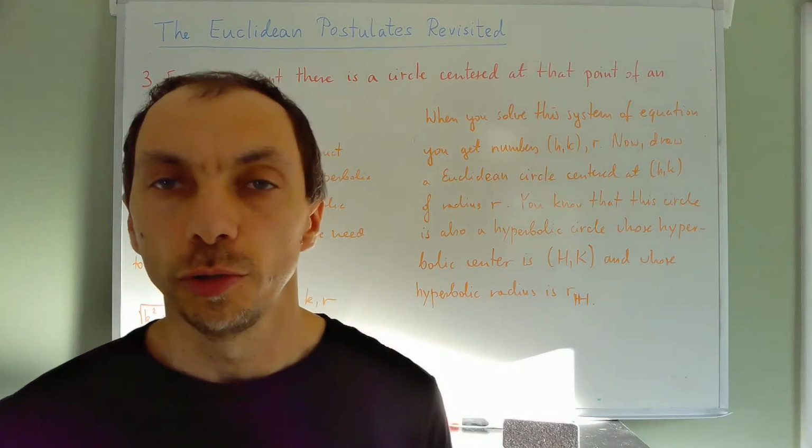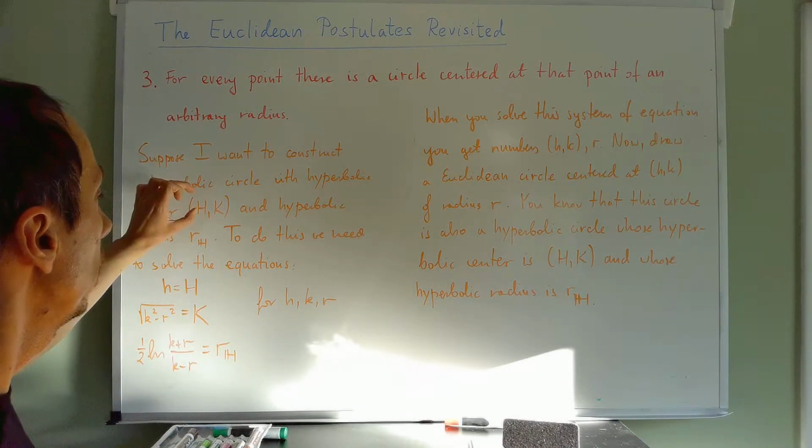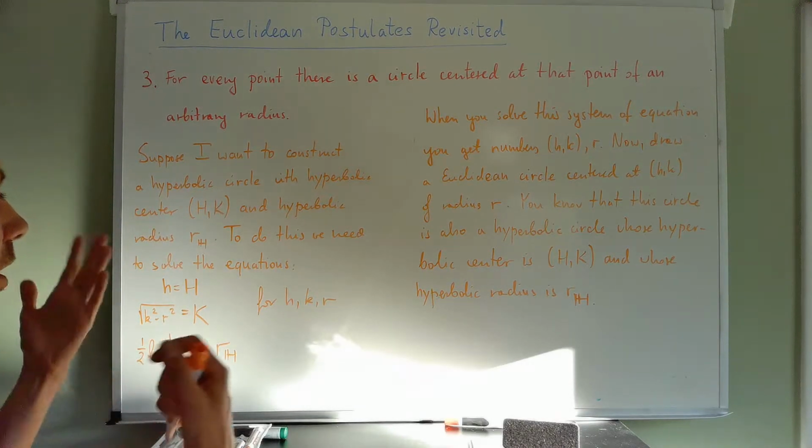So you would get what you set out to find. You wanted to find a hyperbolic circle with that hyperbolic center and that hyperbolic radius, and I'm telling you how to do it.